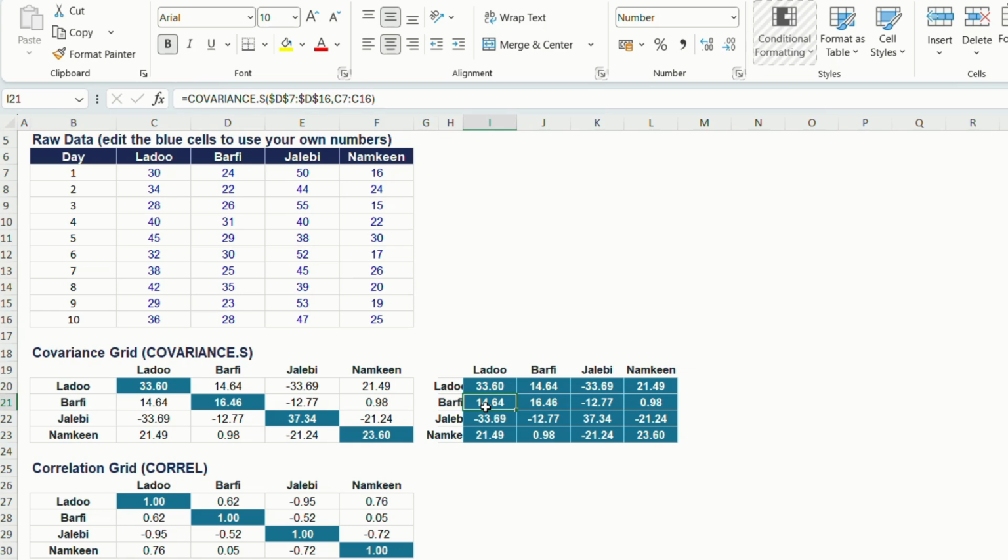We don't need to apply the formula to each cell, right? Here you can see barfi barfi, jalebi jalebi and namkeen namkeen. They have a positive correlation, that's why we have positive values.